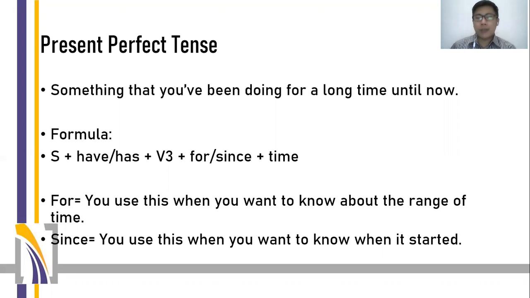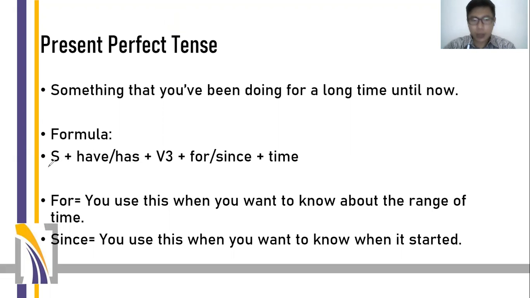Now, perfect tense means something that you've been doing for a long time until now. So, for example? Well, I will give you the example later, but we need to know about the formula.